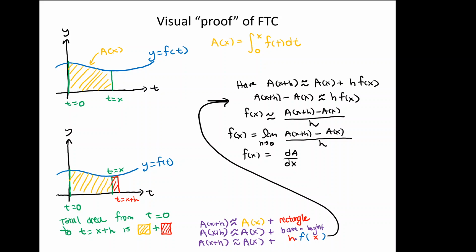Now we can integrate both sides of the expression. So integral of f of x dx equals integral dA by dx with respect to x. So multiplying both sides by dx and then integrating both sides.